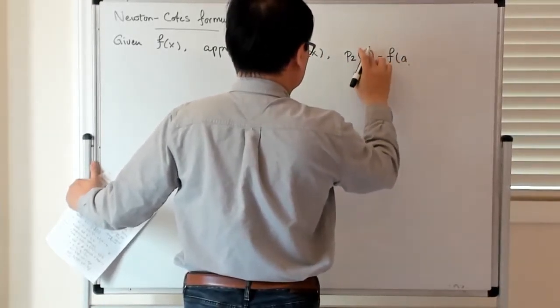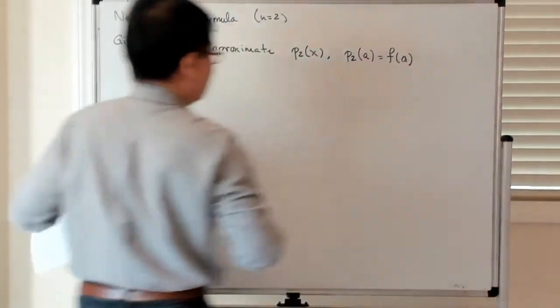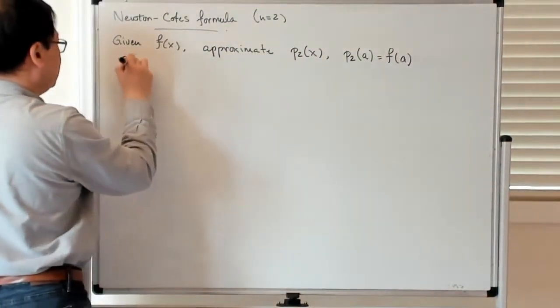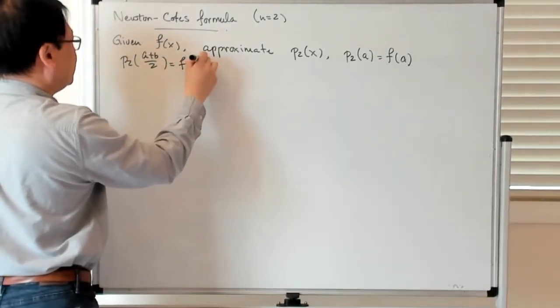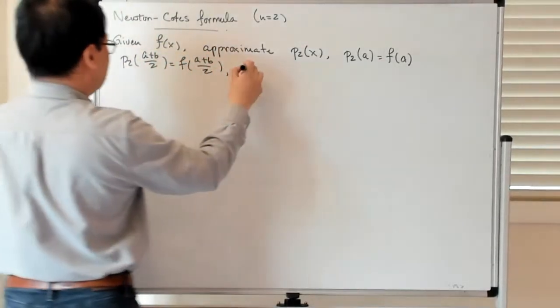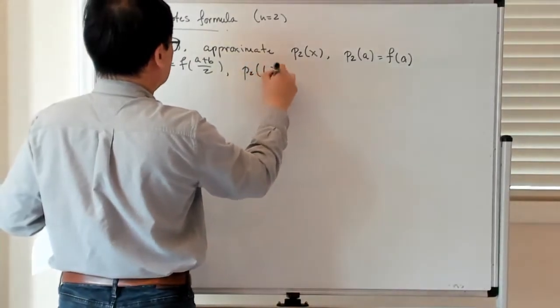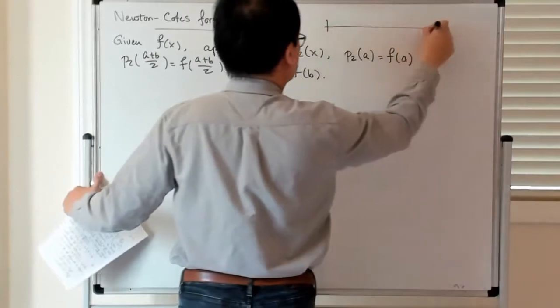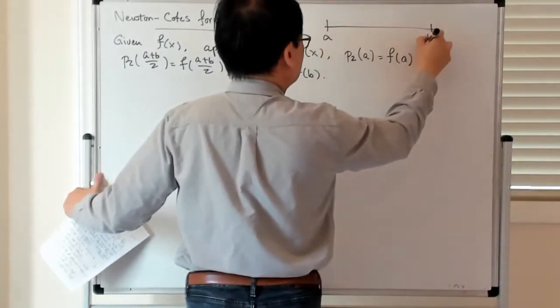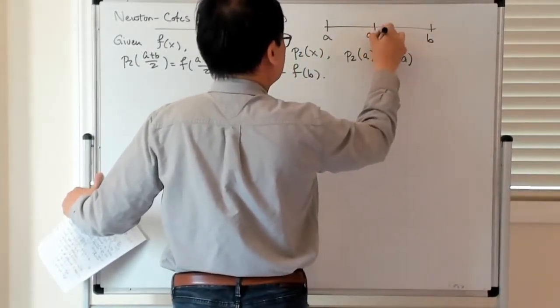So let's say p2 at a is f of a, then p2 at the midpoint a plus b over 2 is f of a plus b over 2, and p2 at b is equal to f at b. The picture to keep in mind is that you have some interval from a to b and a midpoint a plus b over 2.